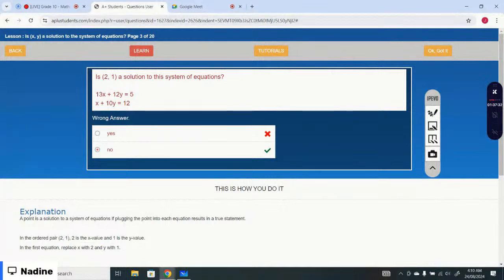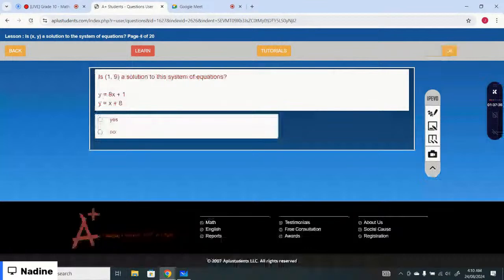Okay, so let's just move on to the next one. The next question is: is 1, 9 a solution of the system of equations? So which is the correct option? Yes or no?